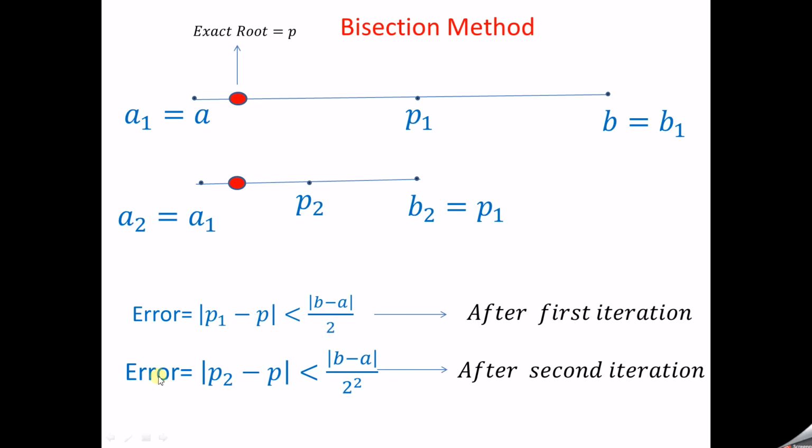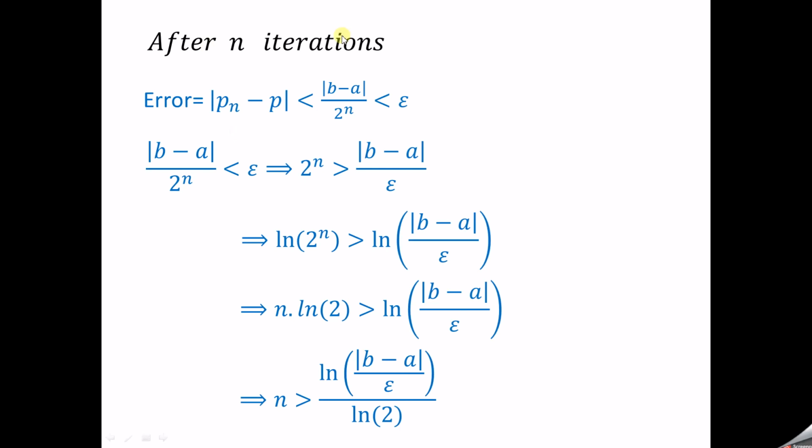In the second stage, the error is less than B minus A by 2 square. Similarly, after the third iteration, the error will be less than modulus of B minus A over 2 power 3, and so on. In general, after n iterations, the error will be less than B minus A over 2 power n.